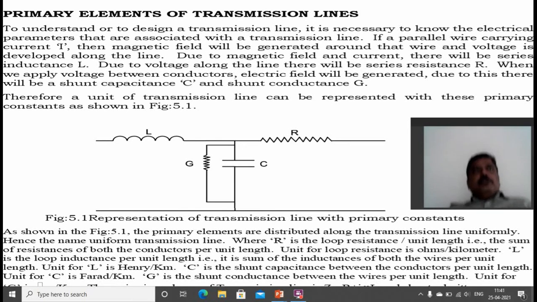In the fourth unit, the propagation of electromagnetic waves, and in this unit, the medium which is required for propagation of electromagnetic waves from one place to another place, that is, the transmission lines.